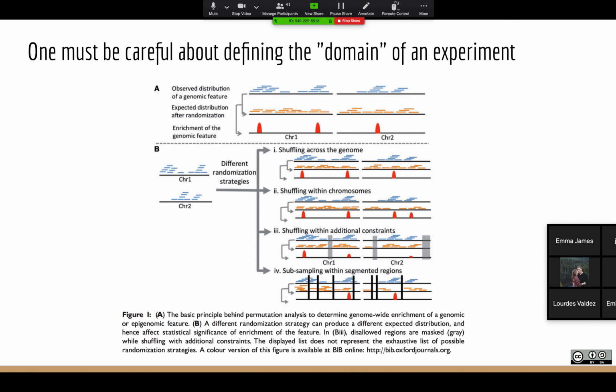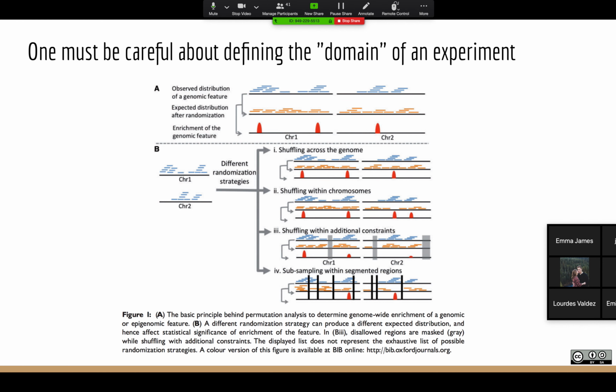So you might want to limit your shuffling to just those in-play regions of the genome where callers like MACS or other ChIP-seq callers are actually going to make a peak call. If you allow peaks to be shuffled outside of the in-play part of the genome, you're artificially biasing or improving the significance of p-values from a Monte Carlo experiment. Everyone with me there?